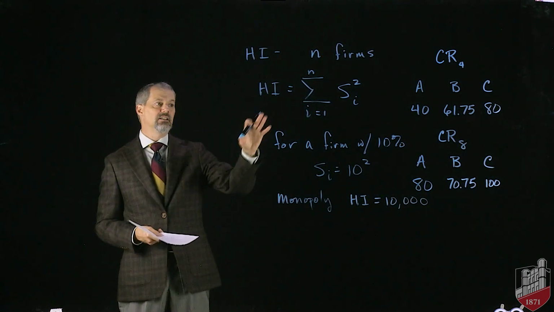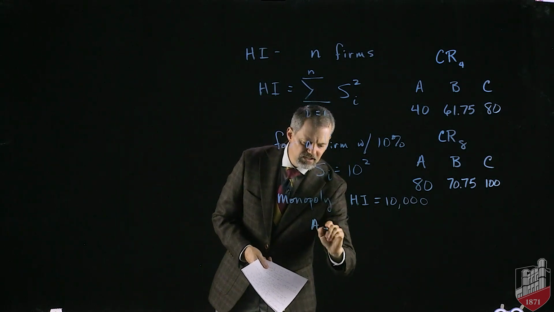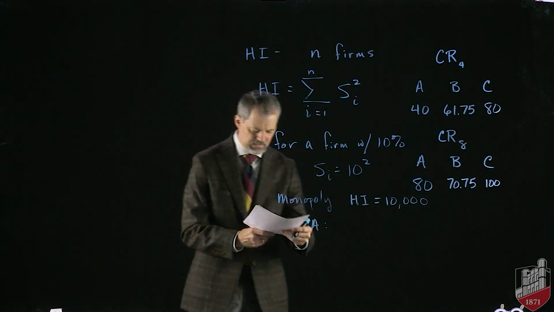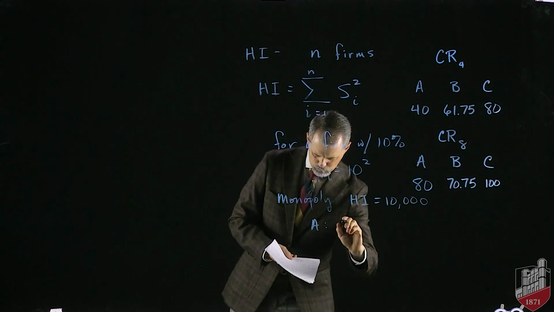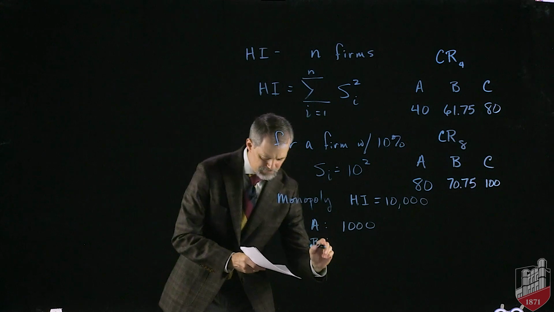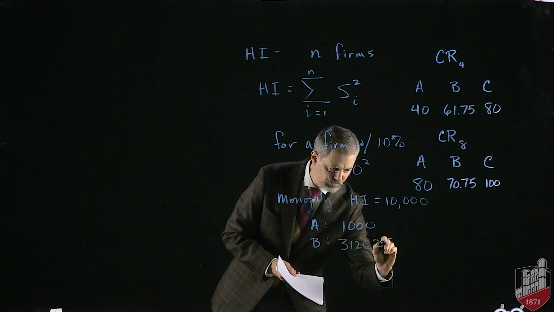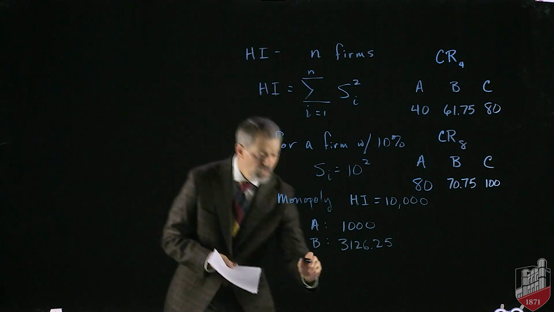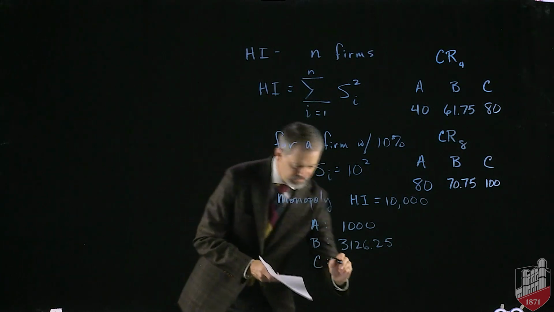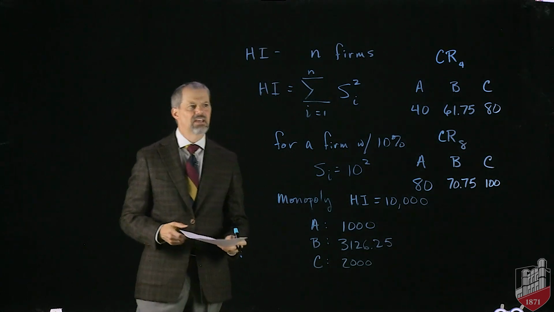If we calculated this for our 3 markets, for market A, it is 1,000. If we calculate it for market B, it's 3,126.25. And then for market C, it's 2,000. So it's easy to calculate.